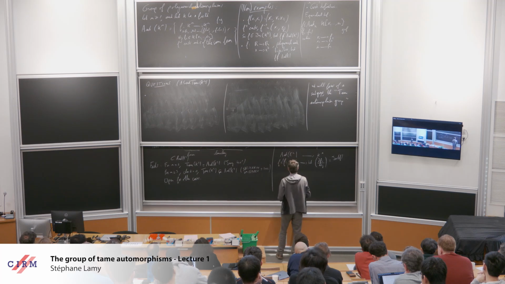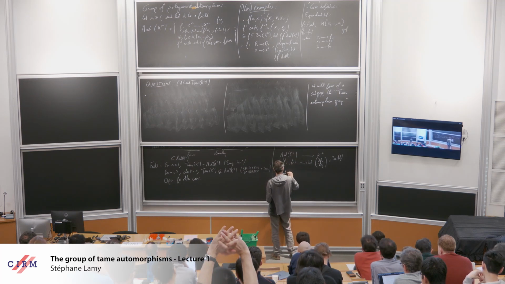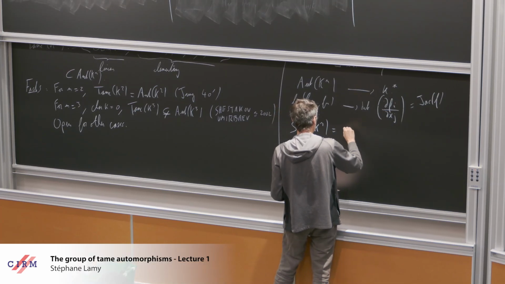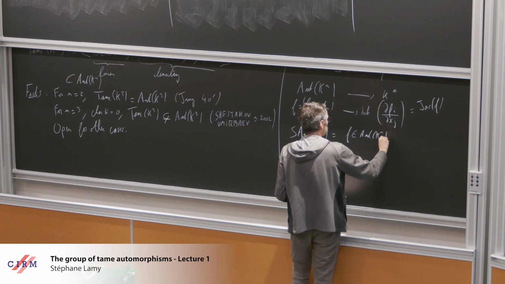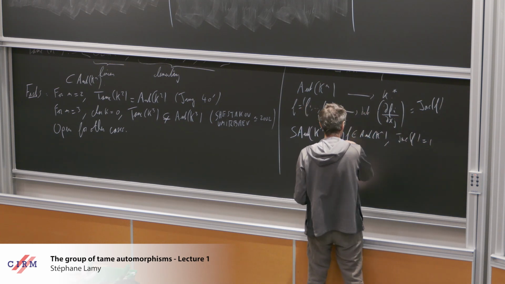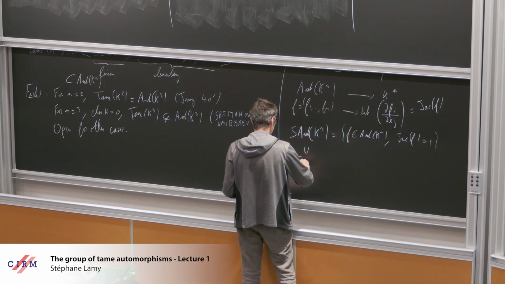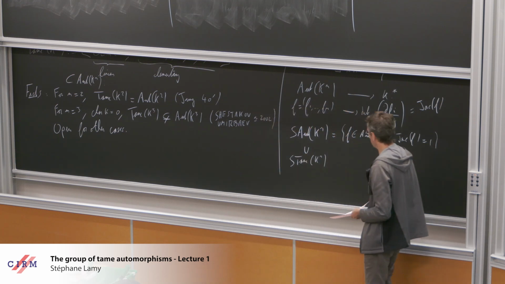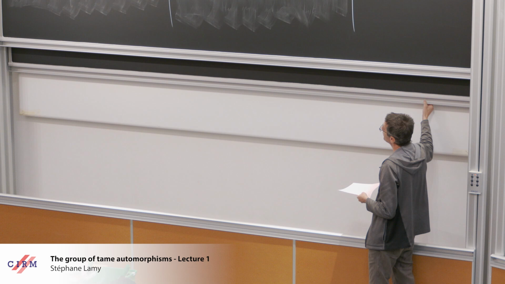My notation for the kernel is S hot, S like special, S hot Kn is the kernel, so it's the F in hot Kn with Jacobian 1. And similarly, you have S tame with the same condition, so the special tame automorphisms.